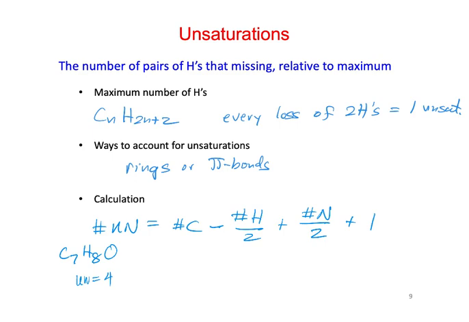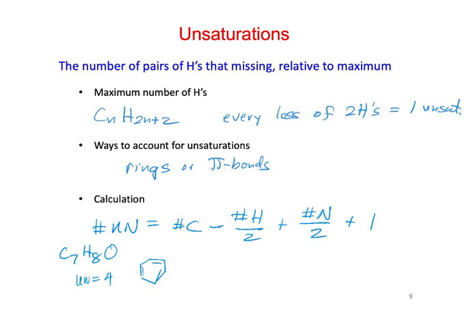And so from a practical point of view, what does it mean structurally? What's the easiest way to come up with 4 unsaturations? A benzene ring, right, because a benzene ring has 3 pi bonds and a ring, so that's 4 unsaturations.